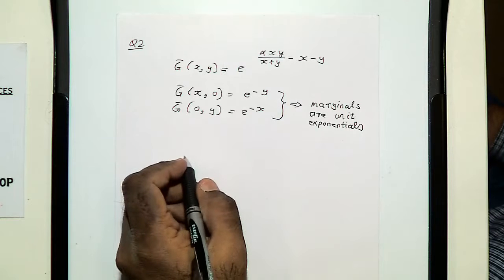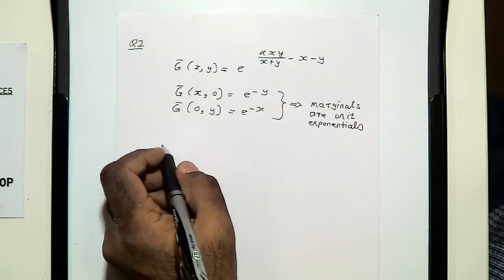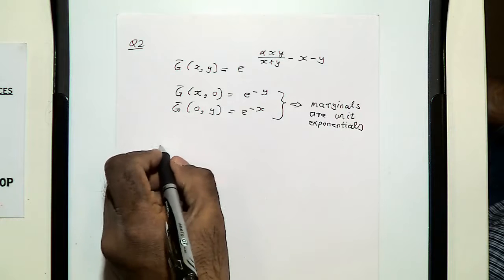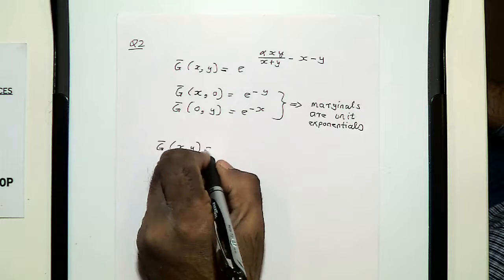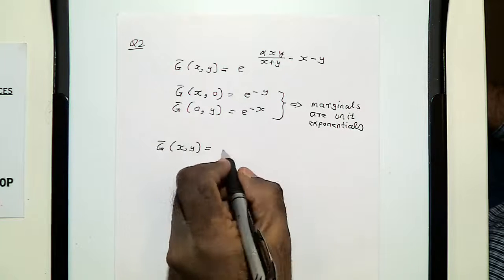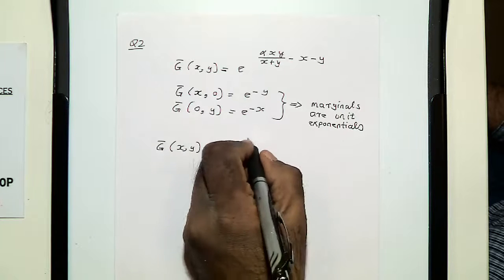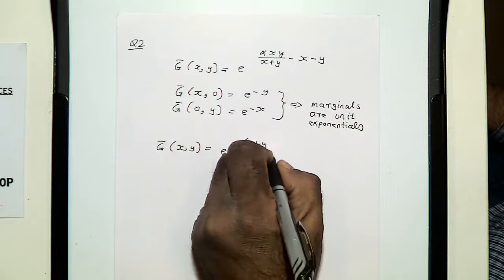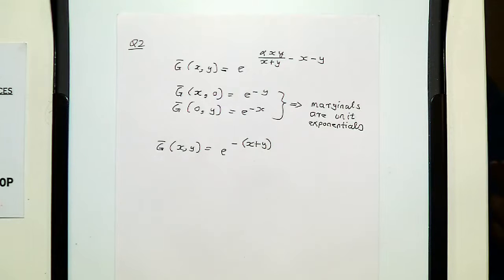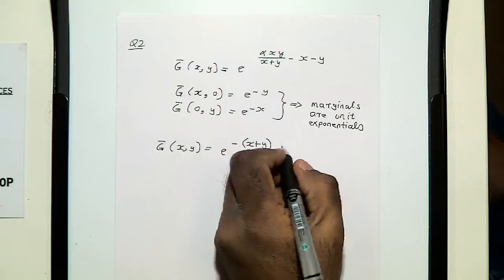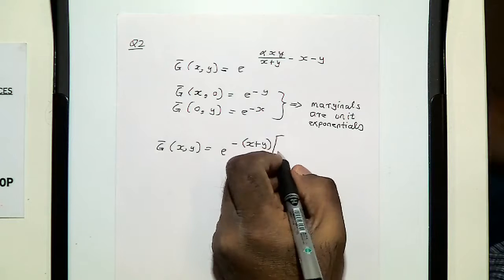To do that, I'm going to show you what to do. You need to pull out minus x plus y, because in the representation there is a minus x plus y, and in brackets you're going to have the following.